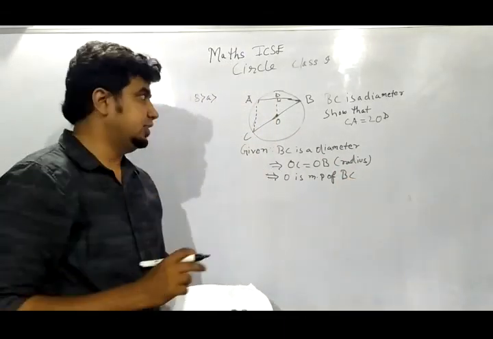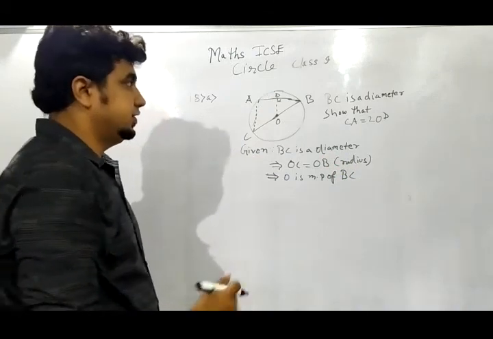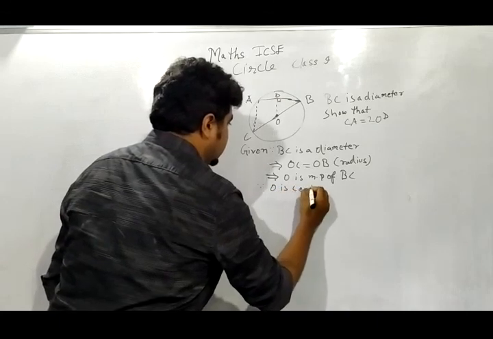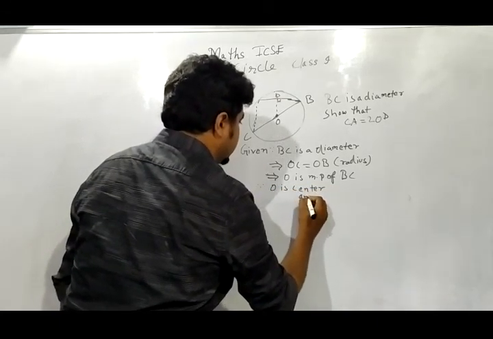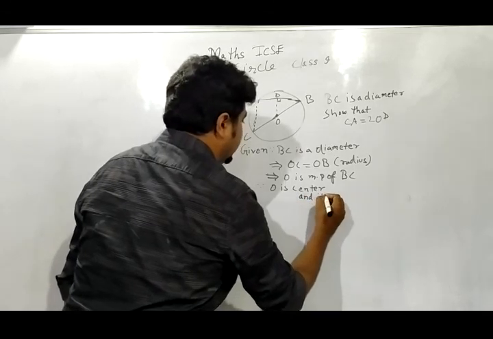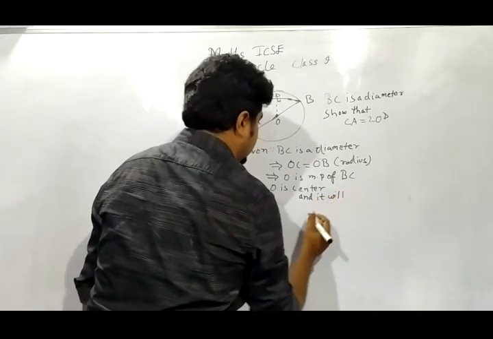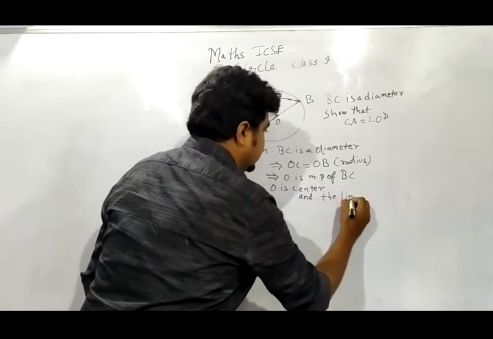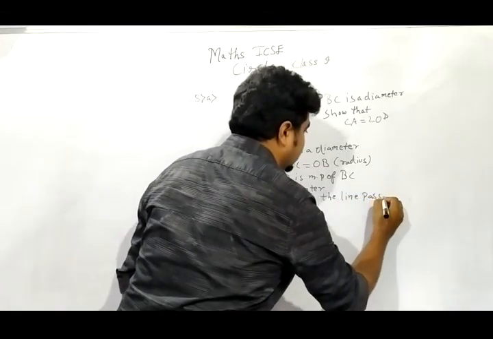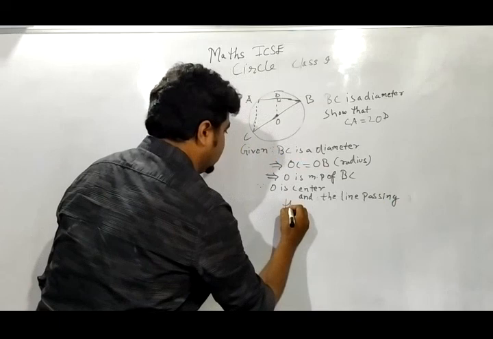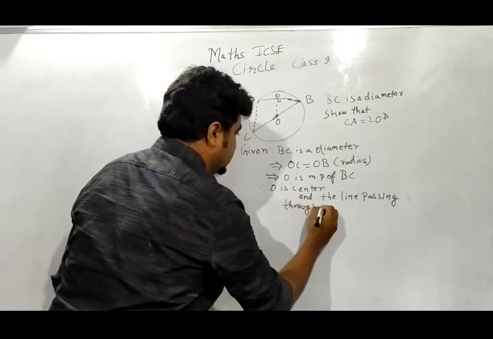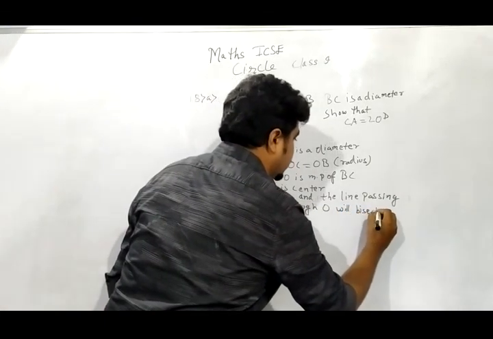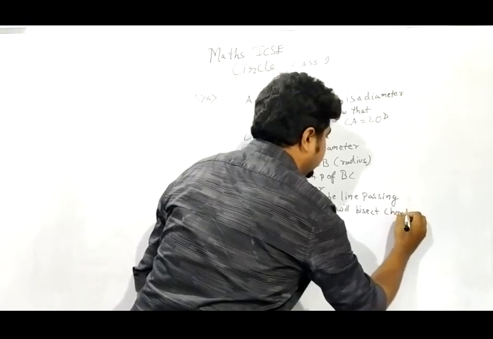Now I will prove that D is also a midpoint. Since O is the center, the line passing through O will bisect the chord AB.